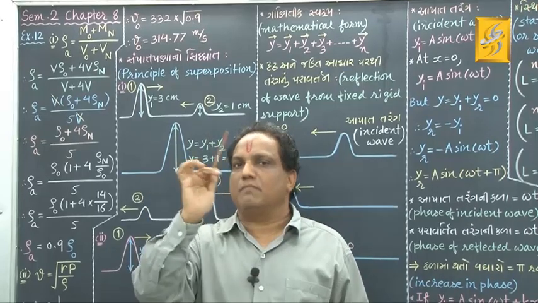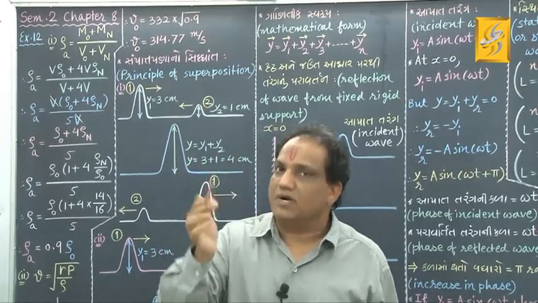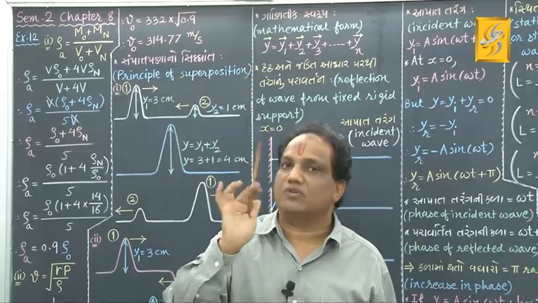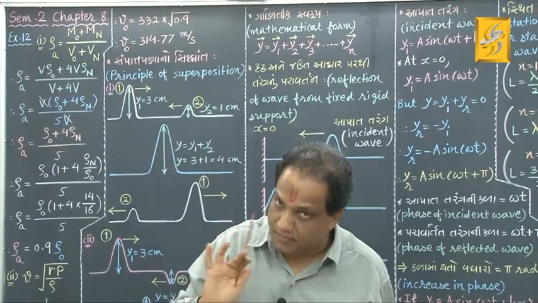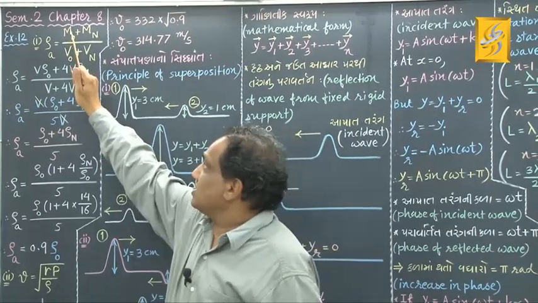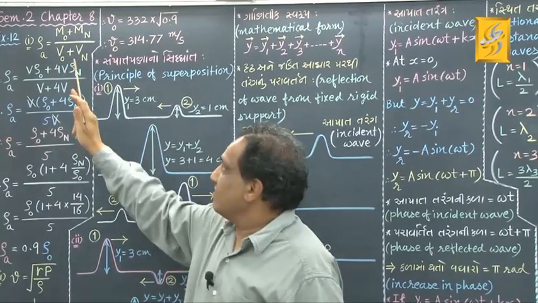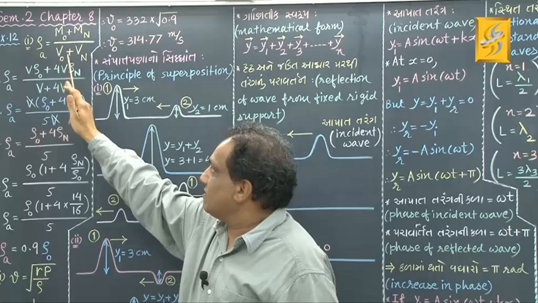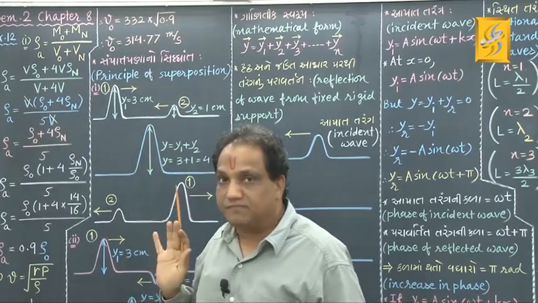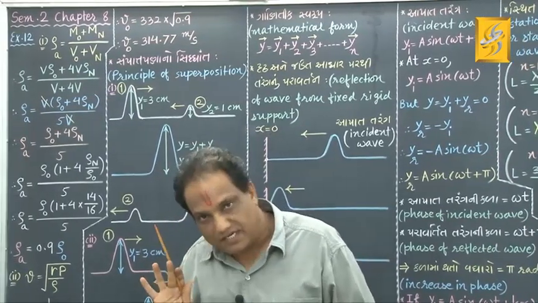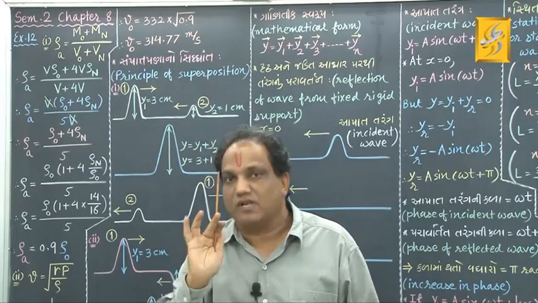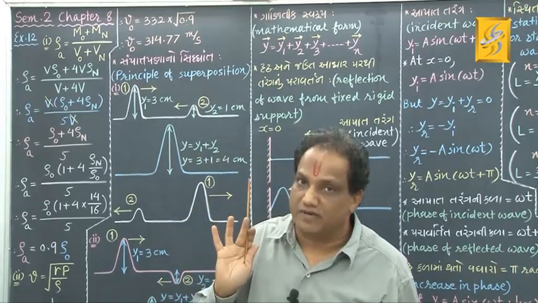Simple. Total mass of oxygen and nitrogen divided by total volume of oxygen and nitrogen. So mass of oxygen plus mass of nitrogen will be total mass divided by volume of oxygen plus volume of nitrogen. That would be total volume, correct? Total mass upon total volume will give you definitely density of air.